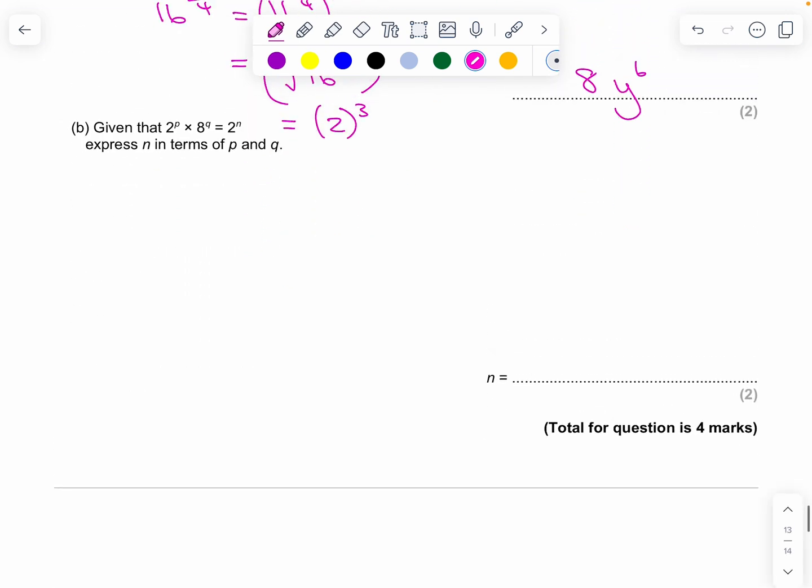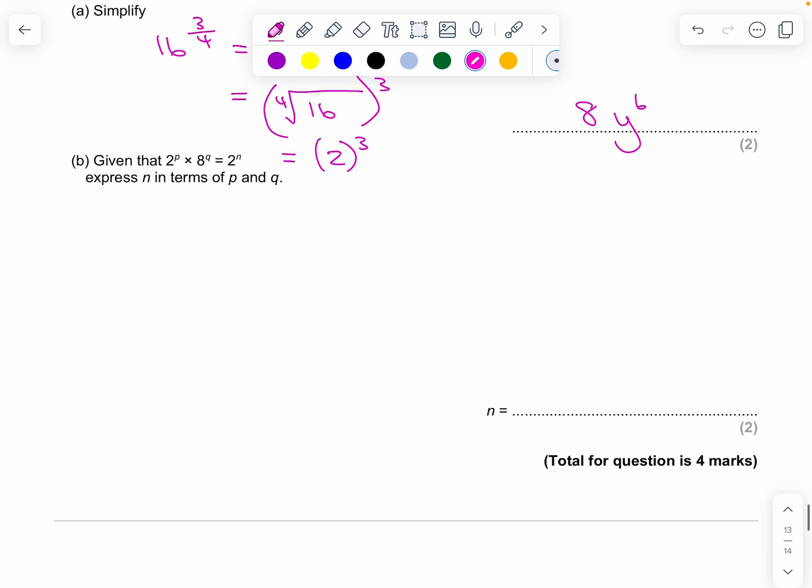Okay, part B. Given that 2 to the power of p times 8 to the power of q equals 2 to the power of n, express n in terms of p and q. Unfortunately, this was another index law question, and what you had to do is, because this is 2 to the power of n, you wanted this also to be 2 to the power of something.